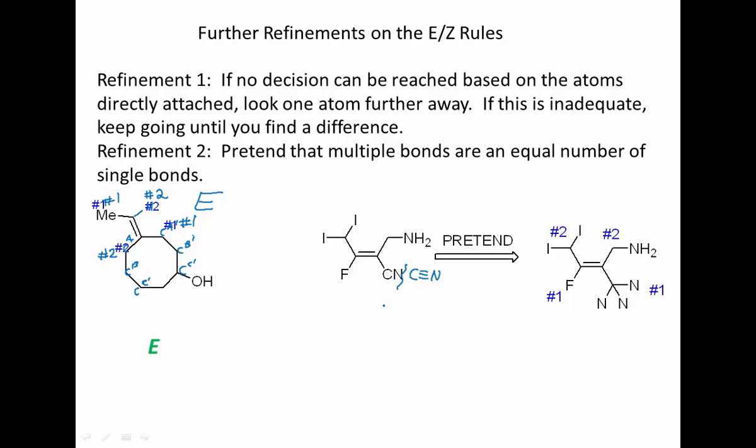We're going to pretend that this nitrile is 3 equivalent carbon-nitrogen bonds. If we look over here on the left side, fluorine is heavier than carbon, so the fluorine gets number 1 and the other carbon gets number 2. I think a lot of people are probably tempted to call this side number 1.